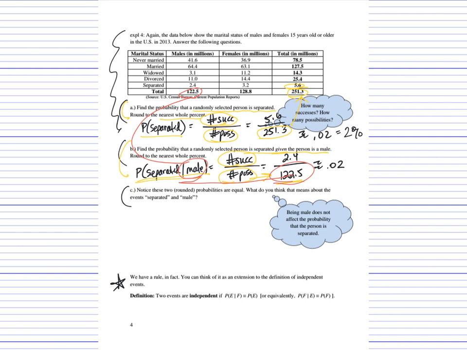And then we count how many are separated in that male group, and that's 2.4. And so we divide the two, and you get 0.02, which is, again, 2%.